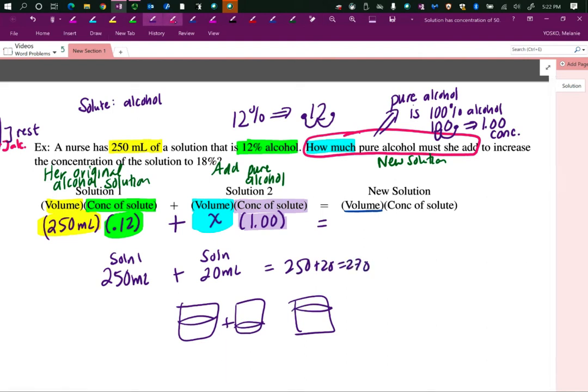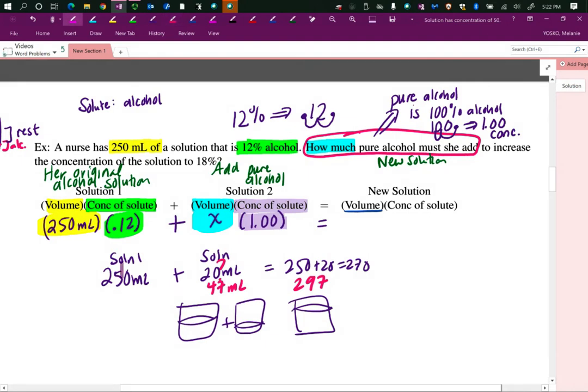We don't know what we're adding, though. Maybe it's not 20. Maybe it's 47 milliliters. Then you would have 250 plus 47, 297 milliliters.